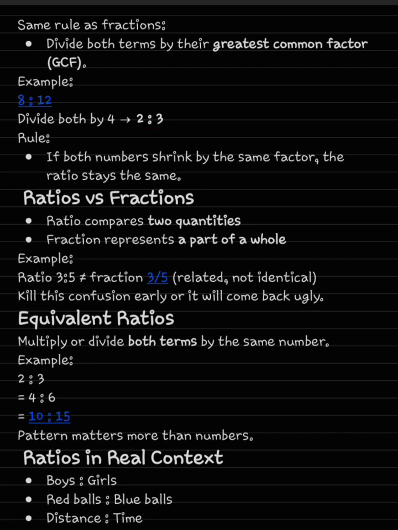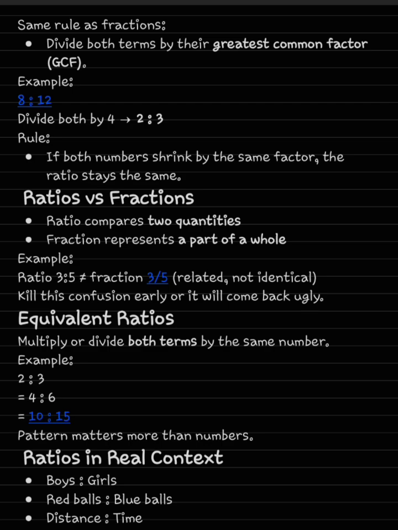Dividing 8 by 4 gives us 2. Dividing 12 by 4 gives us 3. The simplified ratio is 2 to 3. The governing rule is that as long as both sides of the ratio shrink or grow by the same factor, the fundamental relationship between the quantities remains unchanged.